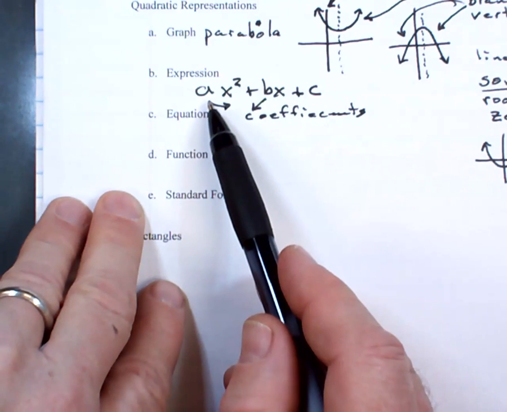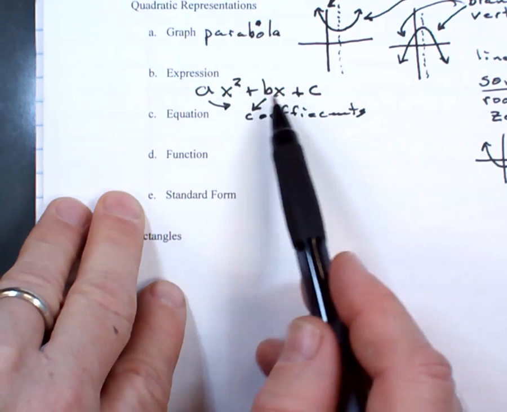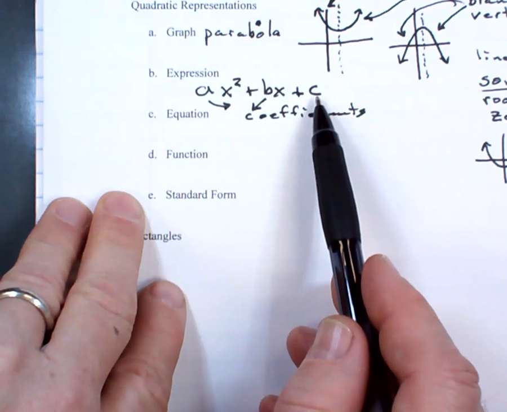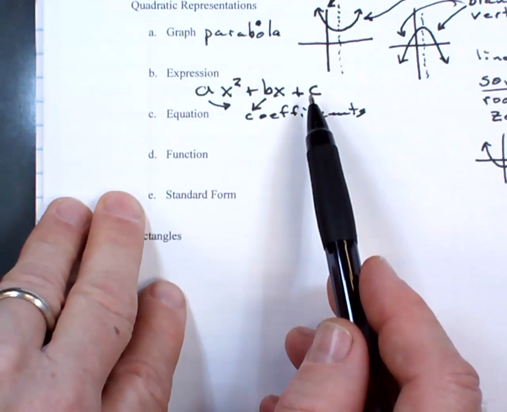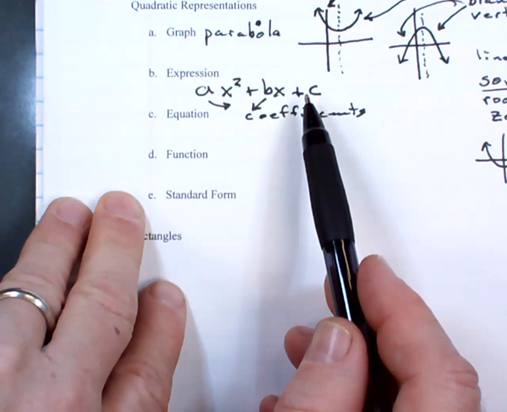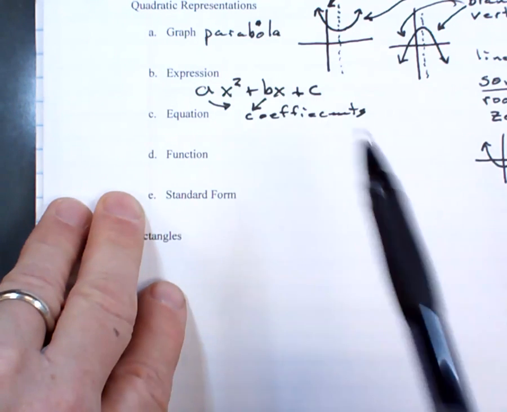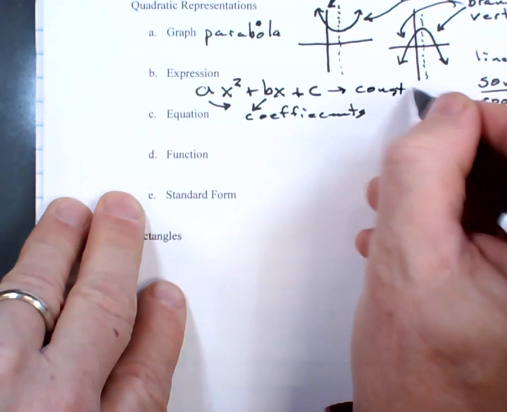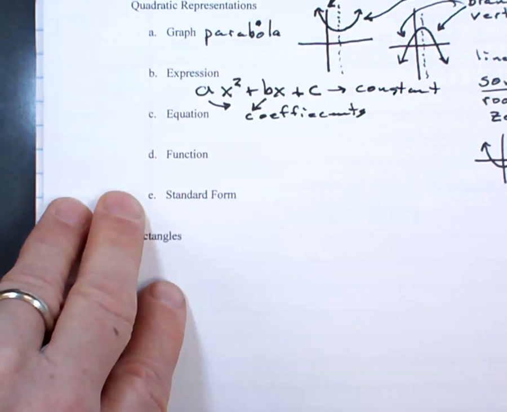This a is called the x squared coefficient. The b is called the x coefficient. C is not a coefficient because it's not multiplying a variable. We call that a constant because it's always going to be a number.